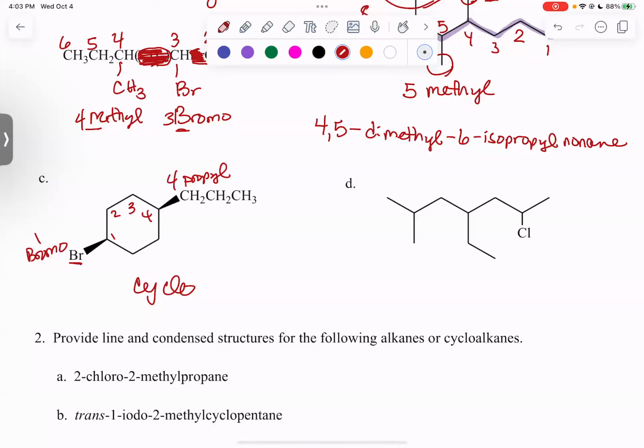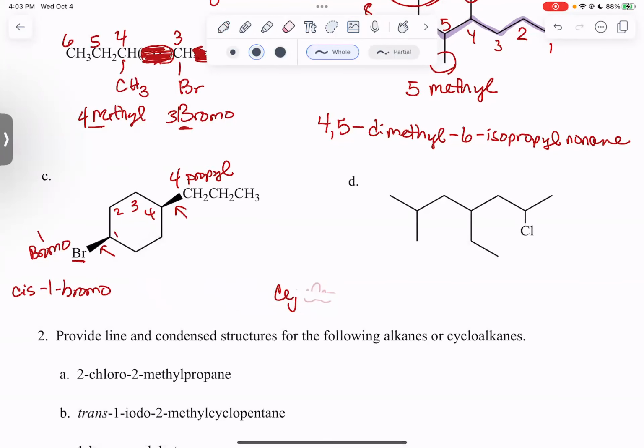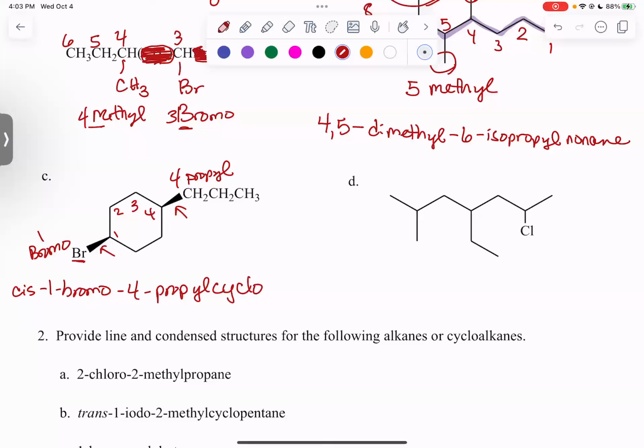So now they're on the same side. So this is cis because this looks the same as this. So we have a cis-1-bromo-4-propyl, and I'll just remember to write that again. Cyclo, and then 4, 5, 6 would give me hexane.